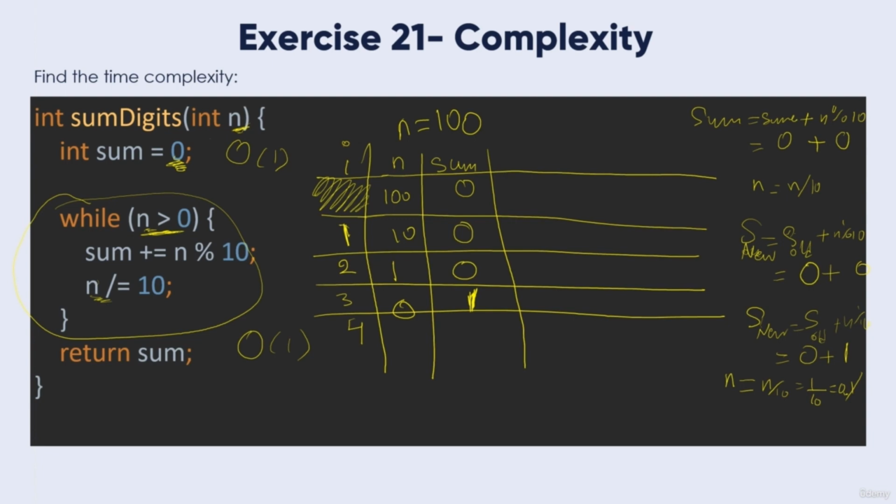Going to the fourth iteration, going up. n greater than 0? No, it is equal to 0. So it stops the iteration. And return sum. So sum will be returning 1. And the value here is becoming like log 100 is equal to 2.